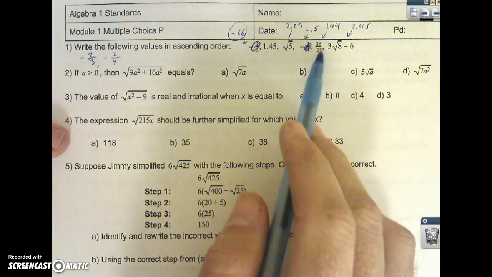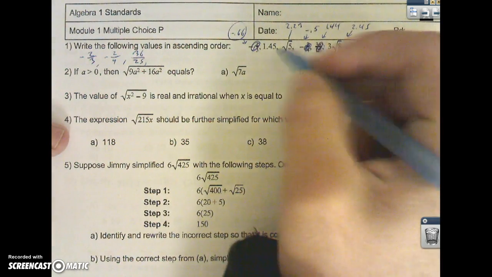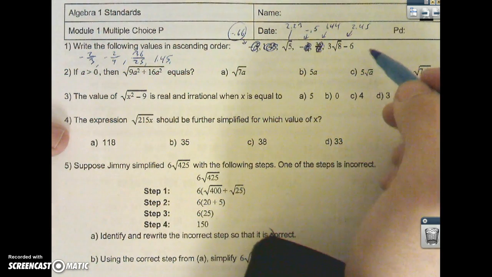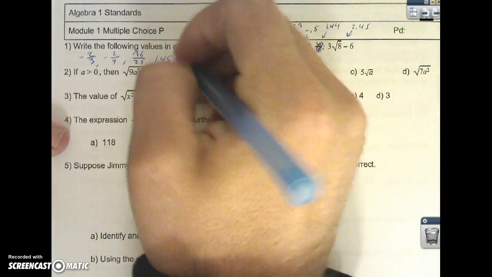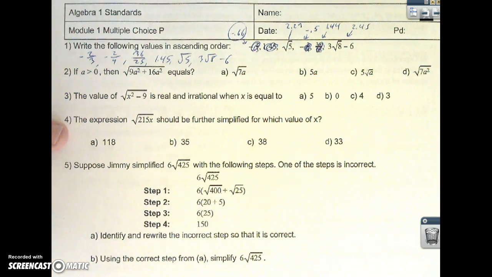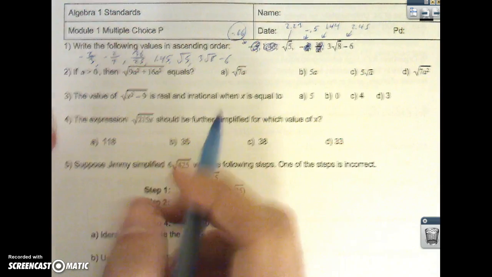The smallest one is right here, 1.44. 36 over 25. Then we have 1.45. Then we have root 5. Lastly, 3 root 8 minus 6. Right? Ascending is rising up. Descending is from largest to smallest. Please just be aware of that.